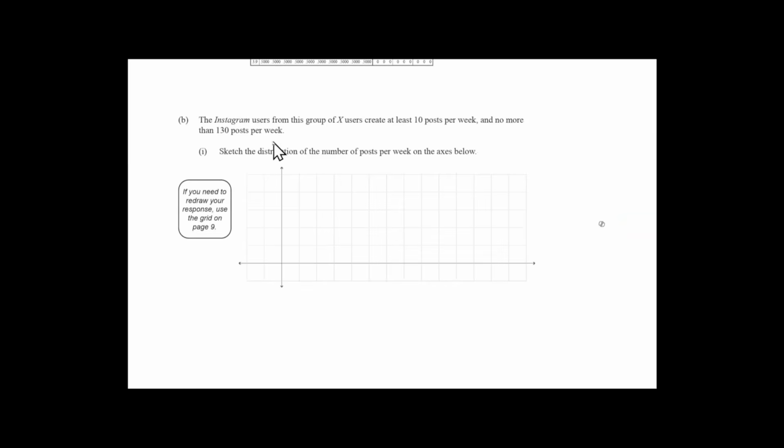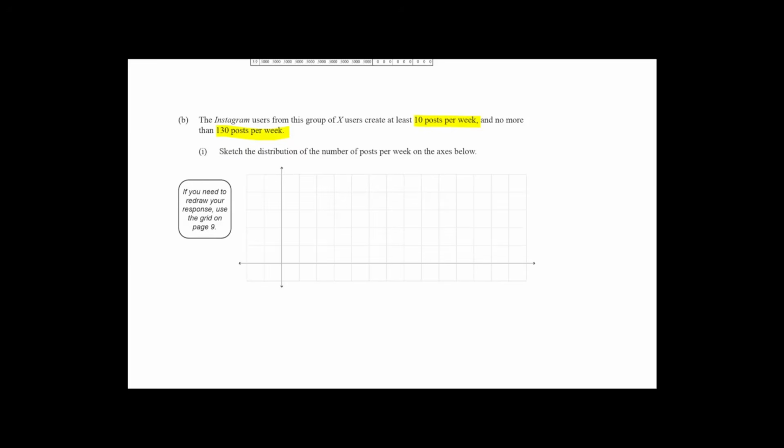So now we're told that Instagram users from this group of X users create at least 10 posts per week. I've never used Instagram in my life, but okay. 10 posts per week and no more than 130 posts per week. Sketch the distribution of the number of posts. So first thing we have to ask is what sort of distribution is this going to be?